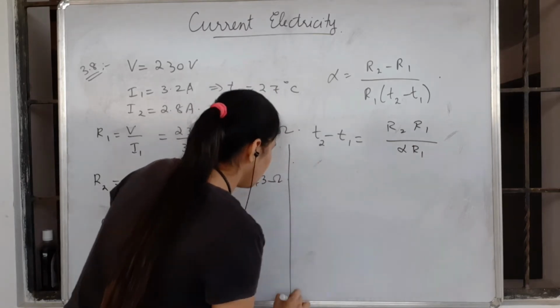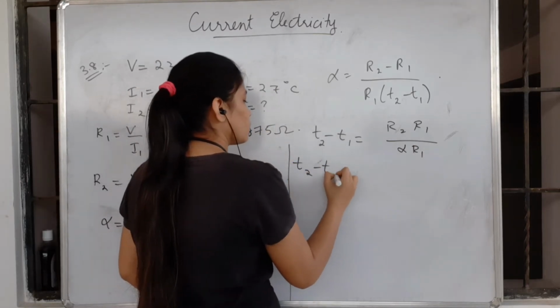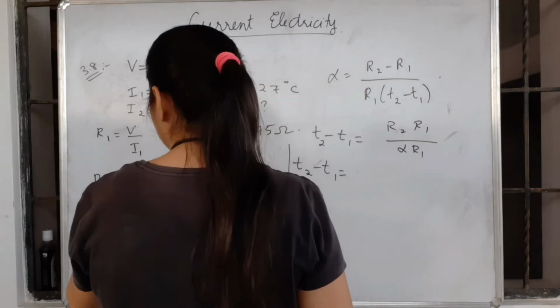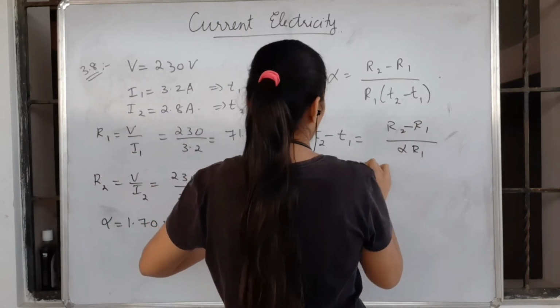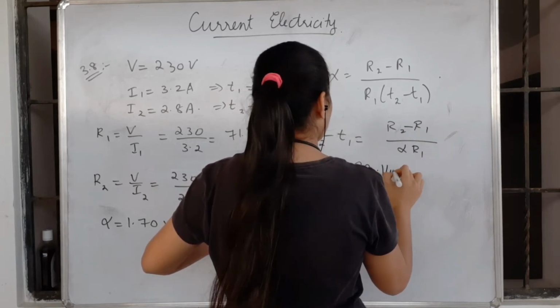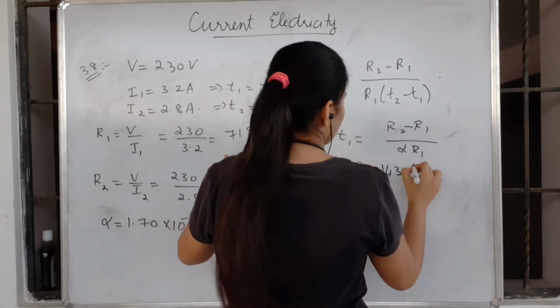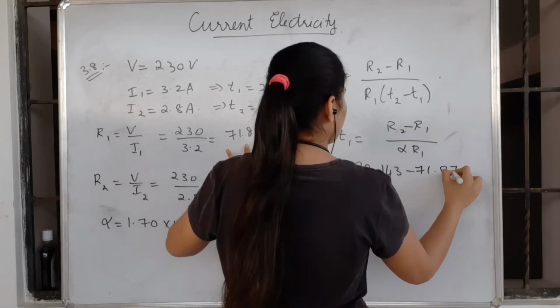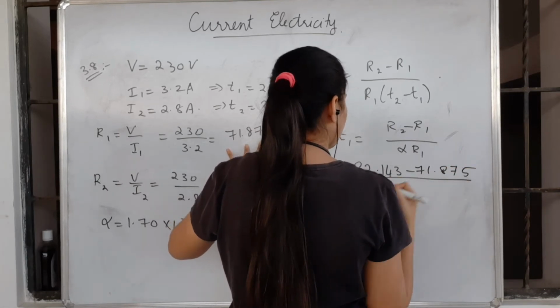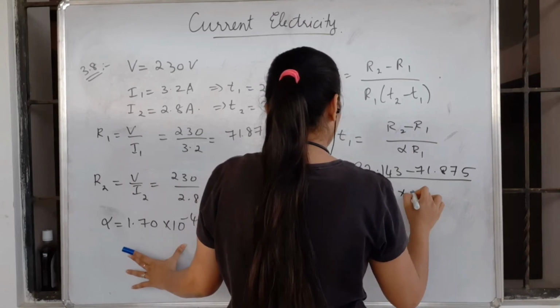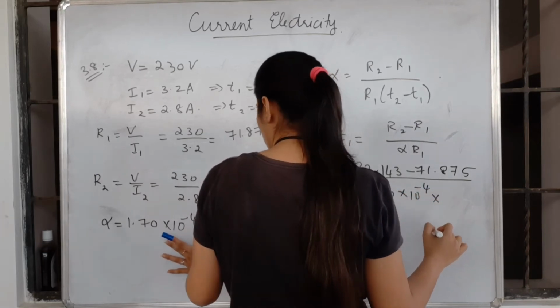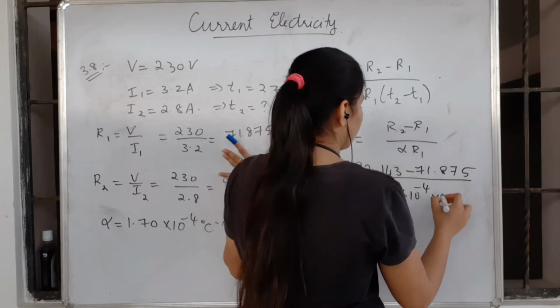Let us just substitute: R2 is 82.143 minus 71.875, divided by 1.70 into 10 to the power minus 4 into R1, and R1 is 71.875.